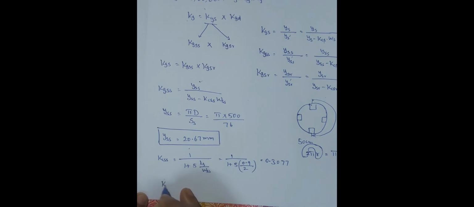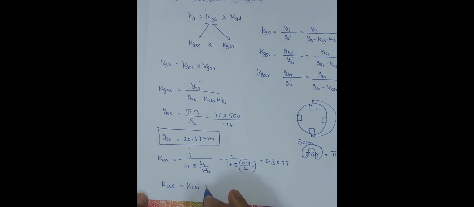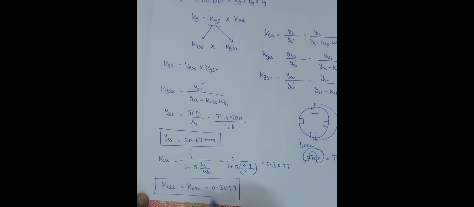Okay, so what will this be? KCSS is equal to KCSR, Carter's coefficient for the stator slot as well as the rotor slot, both are the same, 0.3077. Now we'll substitute the values.